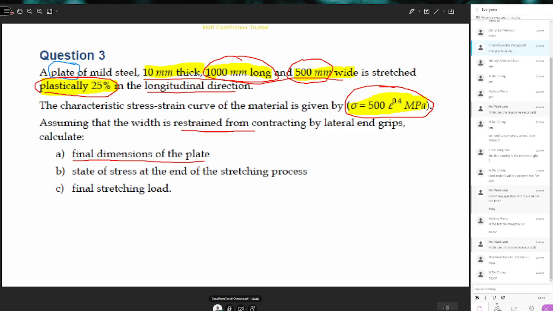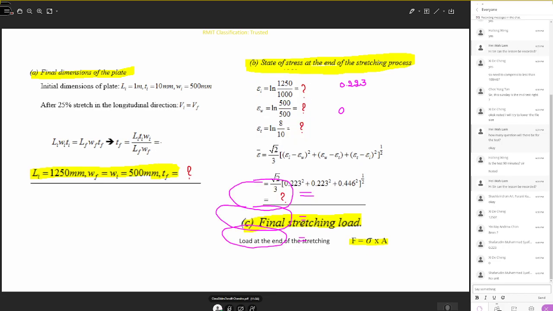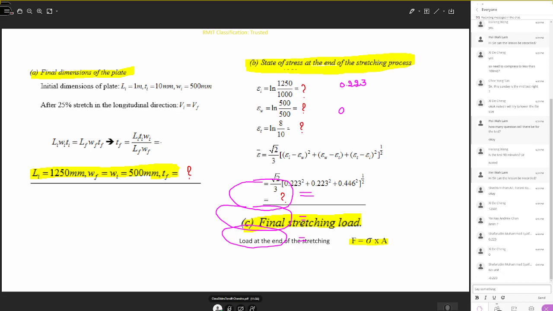Then the strain in the thickness. Yeah, that's correct. No units. Shafruddin, that's correct. All right. So what about the strain in the thickness? Because the total strain should be 0 because the volume is constant. So it will be negative 0.223.